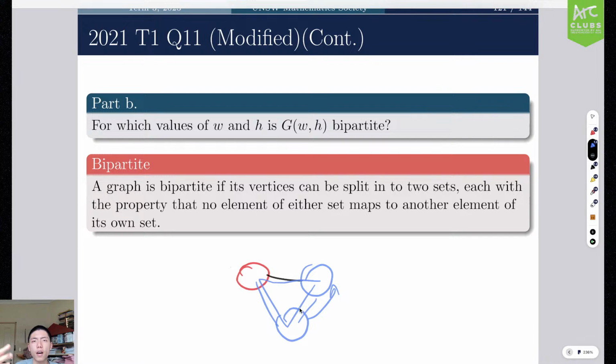So if you have 3, 5, 7, 9 or any other odd length of your cycle, then that means that it is not bipartite. So what you would do when you're trying to prove this question would be you just take random walks around and you just look for walks that end up as cycles, right? And if you're able to form a cycle that has a length that is an odd number, then it means that the graph is not bipartite anymore.